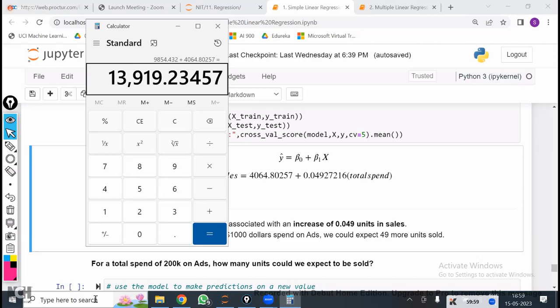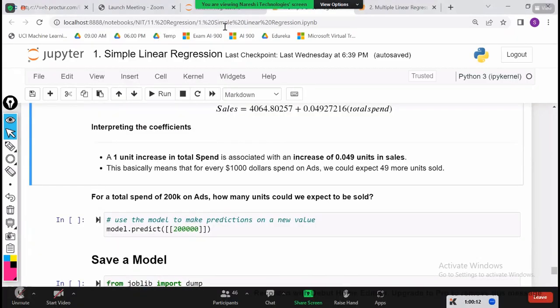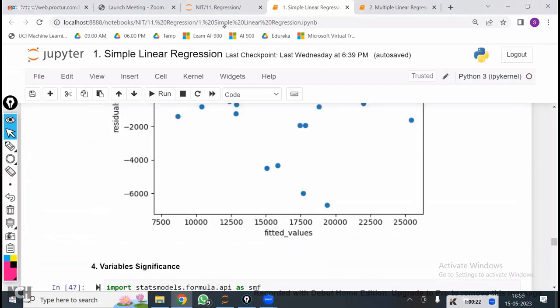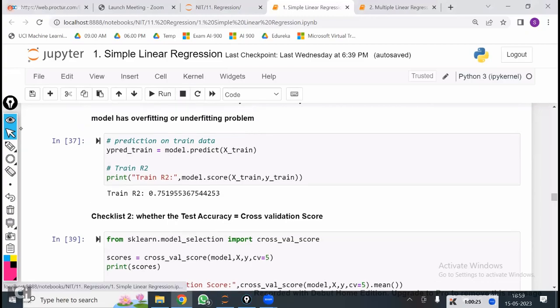So the expected value is 13,919. If you go for a total spend of $2 lakh on the ads, how many units will be expected to be sold? 13,919 units will be expected. How are you going to work like this? By using model.predict on $2 lakh. You give the input as 2 lakhs, then it will predict the answer. To execute this cell, first I have to execute all the cells because I started the kernel right away.